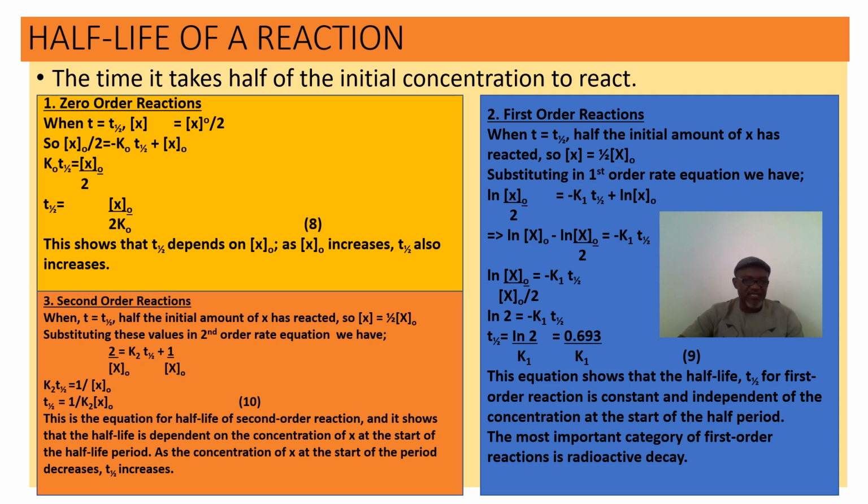So when we substitute, we will have t half is equal to 1 over k2 x0. Again, this equation is telling us that the half-life of second order reactions is also dependent on initial concentration. But in this case, there is inverse proportionality, unlike the zero order where you have direct proportionality.